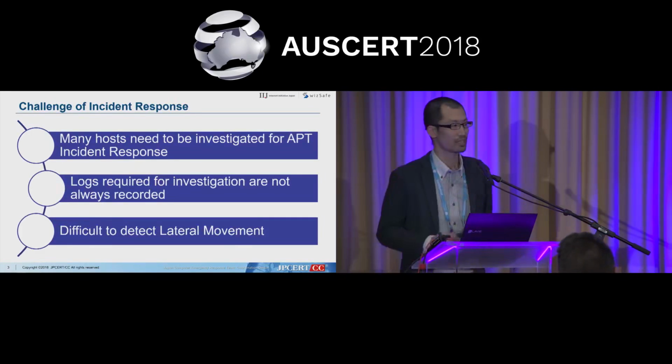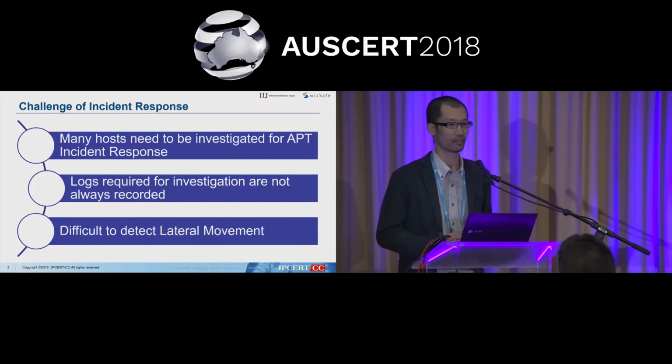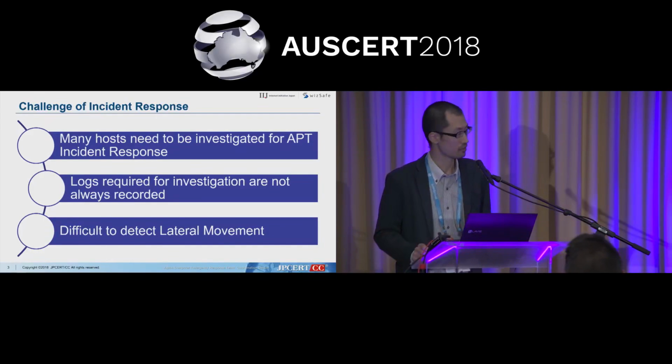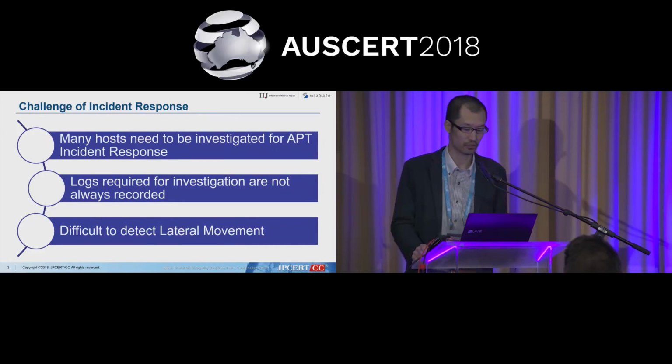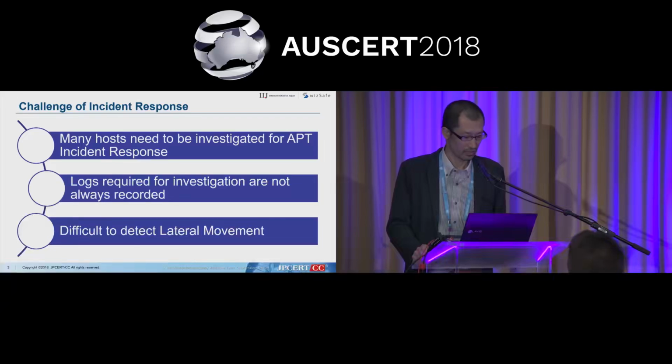Before I get into the main topics, I would like to talk about some issues in DFIR at APT incidents. First, many hosts need to be investigated in APT incident response. An attacker that has intruded into a network usually infects many hosts and servers, spreading the infection within the network.